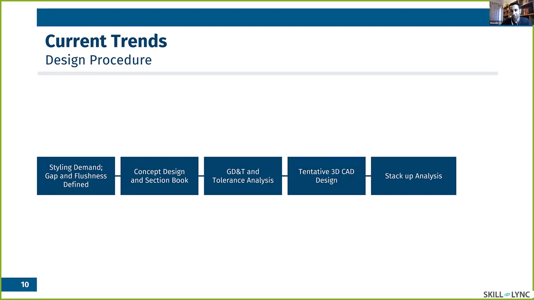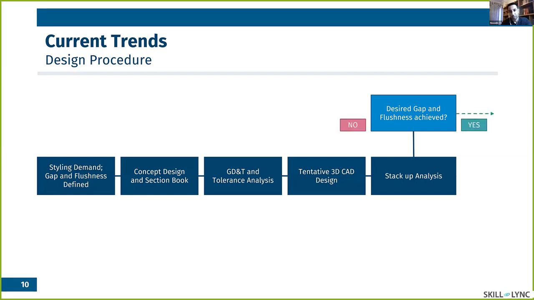After this stage, if we have achieved those desired gap and flushnesses, we would go through the rest of the design procedure, which will be the comprehensive 3D CAD design. I mean, its name is detailed design.